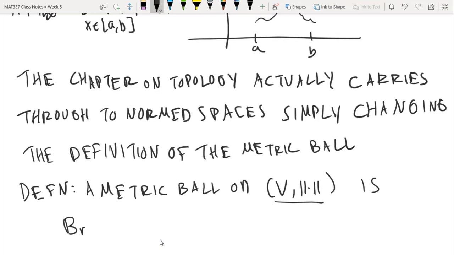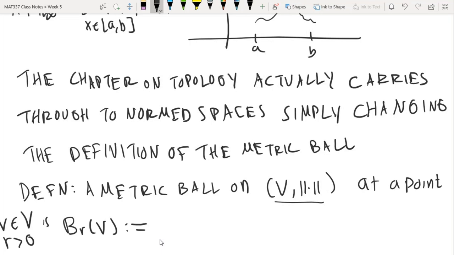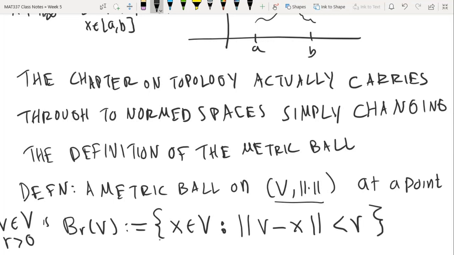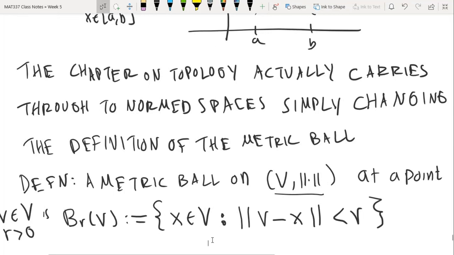A metric ball on V at a point v in V is the set of x in V such that the distance in the supernorm, in the norm, is less than r.